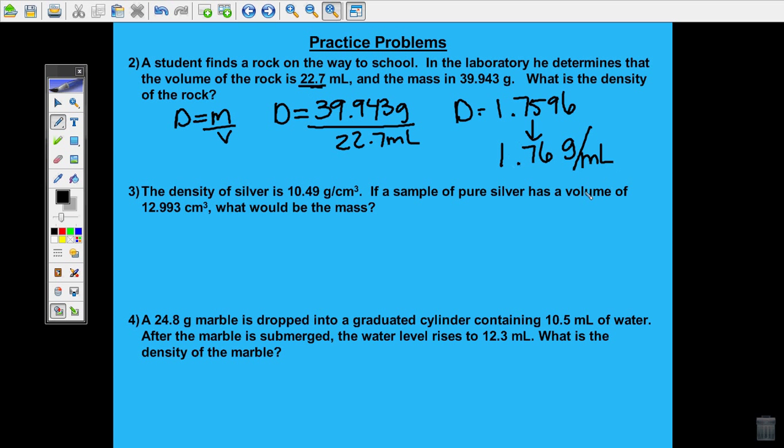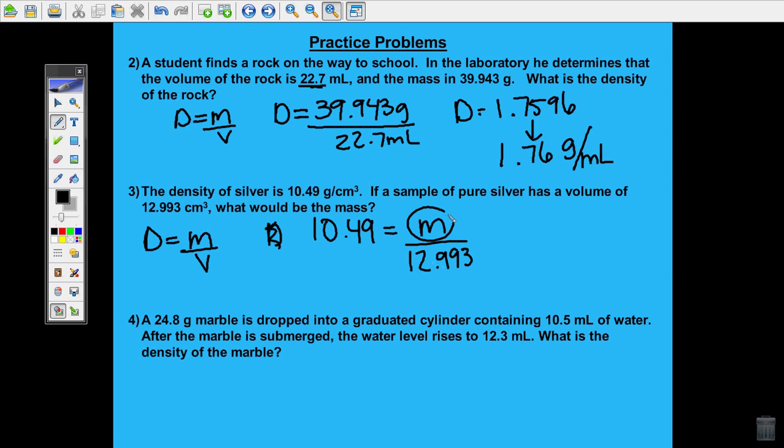Can't forget my units. The density of silver is 10.49 grams per centimeter cubed. If a sample of pure silver has a volume of 12.993 centimeters cubed, what is the mass? Okay, so now I'm trying to find mass. So I'm still going to use my same density equation. I know my density is 10.49. I don't know my mass, but I know my volume is 12.993.